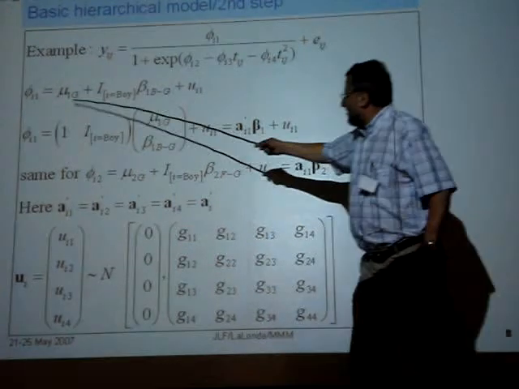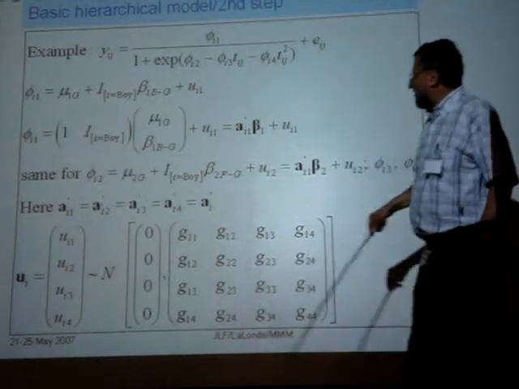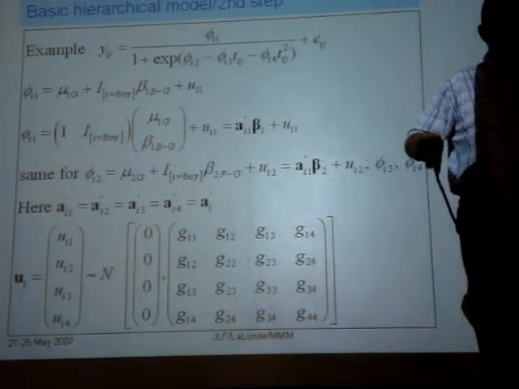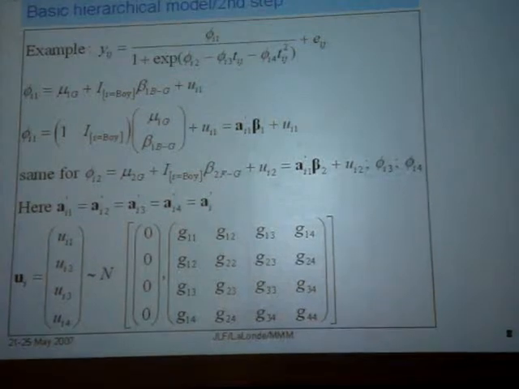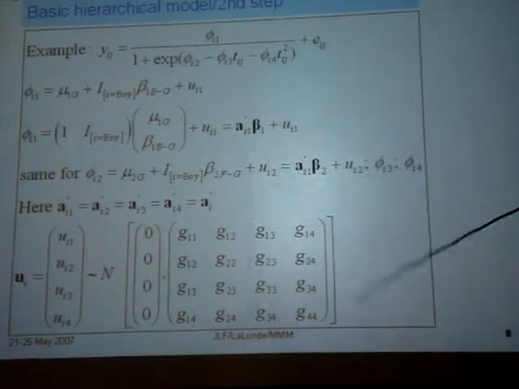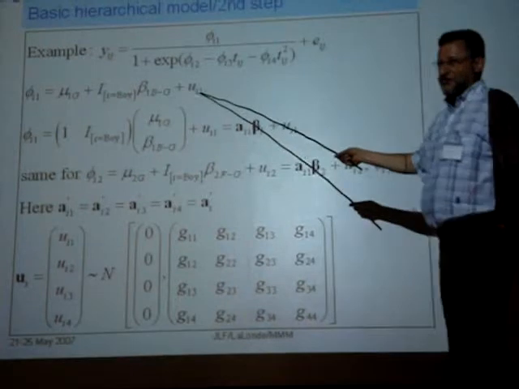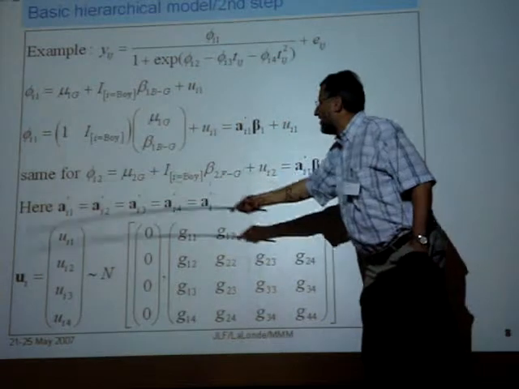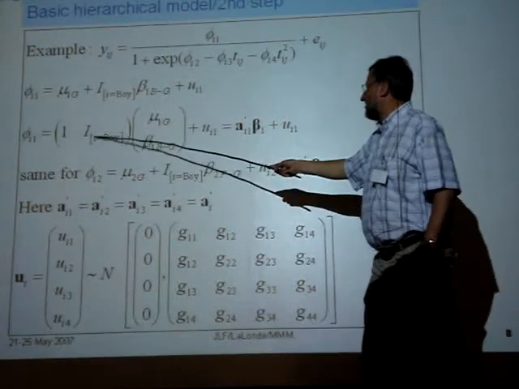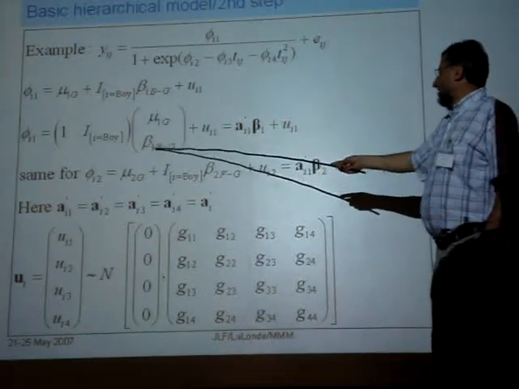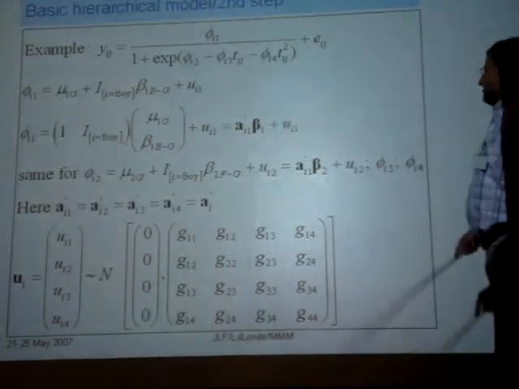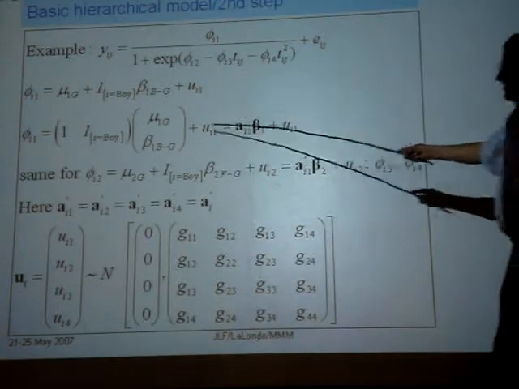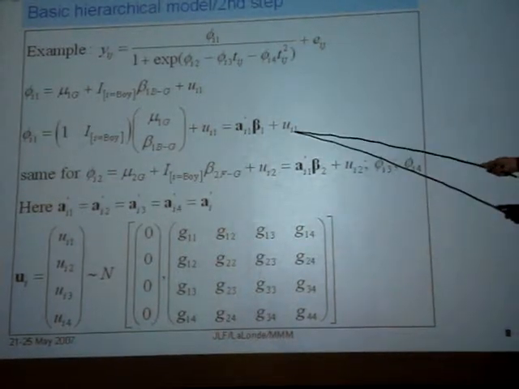Having taken this as reference, the coefficient of the indicator will measure the difference between boy and girl, plus the individual deviation ui1. So we can write phi i1 equal 1, the indicator, mu1, beta1 (boy minus girl), plus ui1. So we write A prime i1 beta1 will be this, plus ui1.